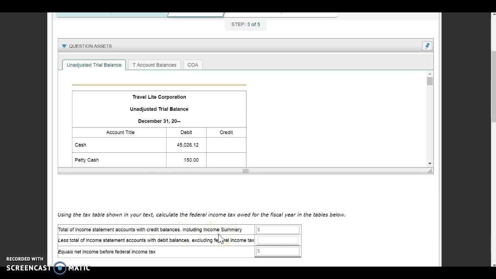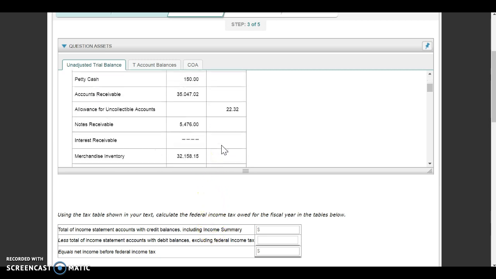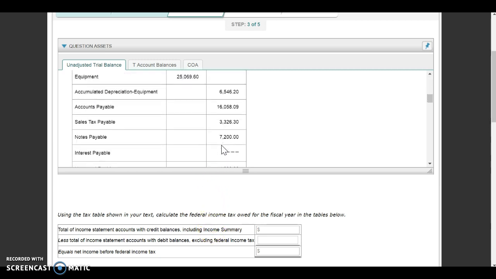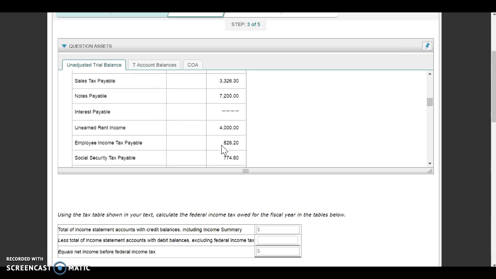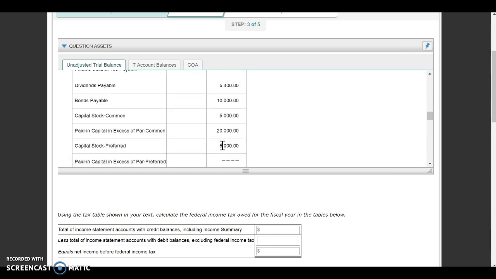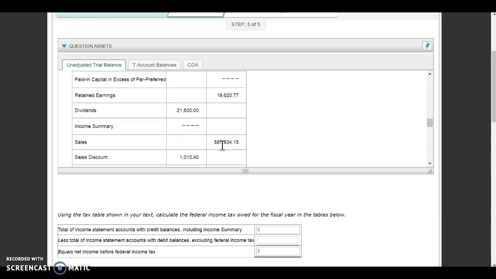Now, remember our income statement shows revenue minus expenses. So when we go to our trial balance here, our unadjusted trial balance, we want to find our income summary because that will be our breaking point. Okay, so here's our income summary. Notice it says total of income statement accounts with credit balances, including income summary.